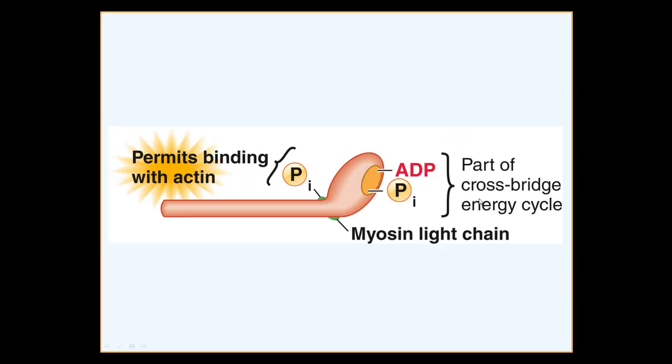Okay, so we learned before that the myosin heads have two binding spots on the head. One of them was for the actin, the actin binding area, and the other one was for the ATP binding or phosphate binding domain.